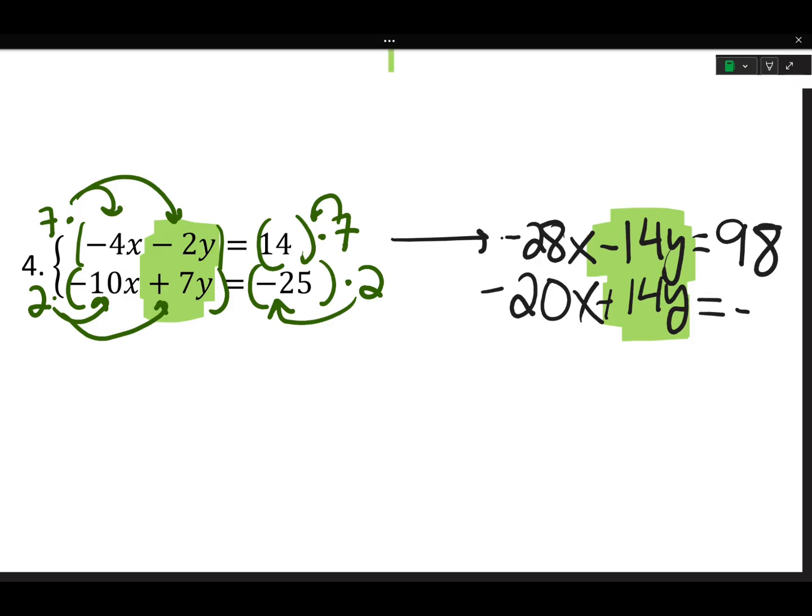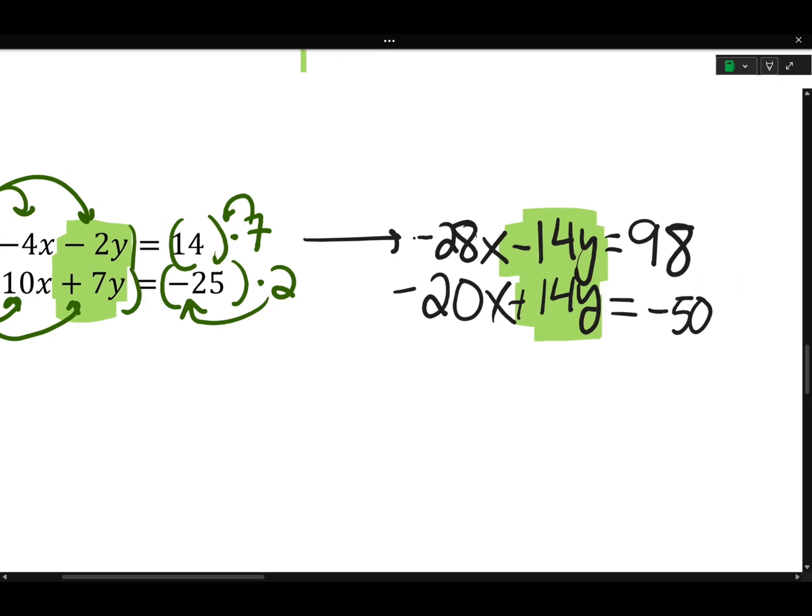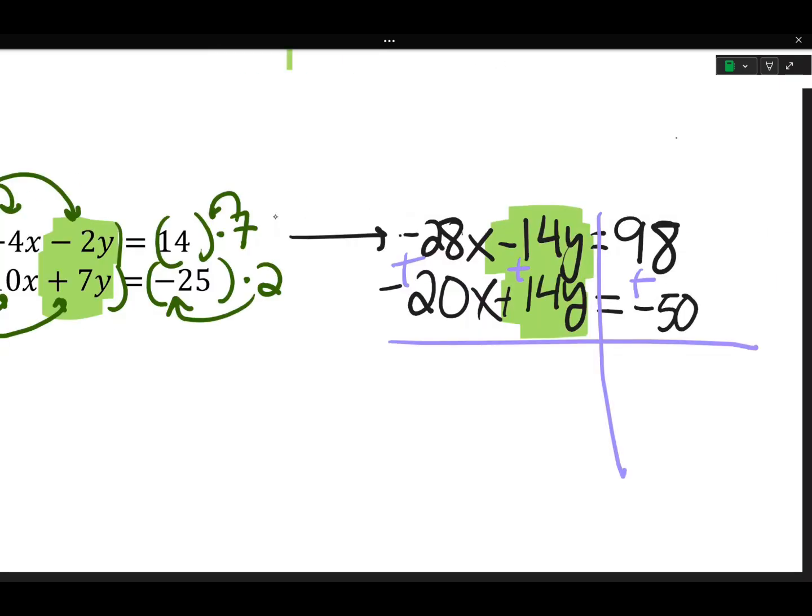Negative 25 times positive 2 is negative 50. All right, let's add. Negative 28x plus negative 20x is negative 48x. The negative 14s cancel, or the 14s cancel. And then 98 plus negative 50 is just 48.